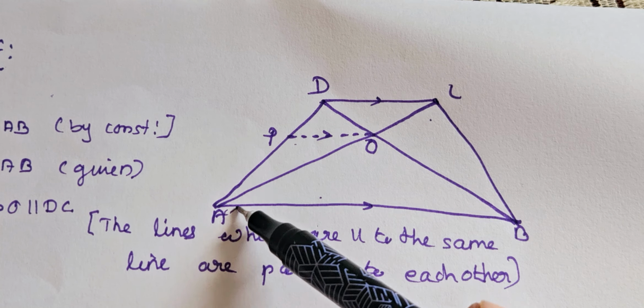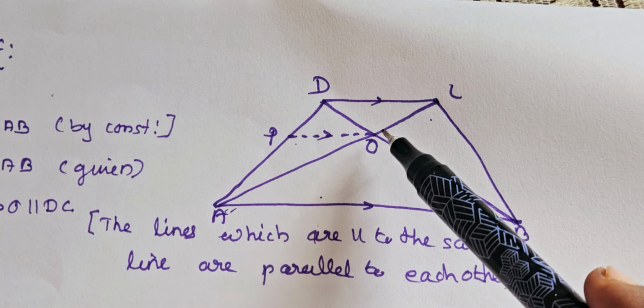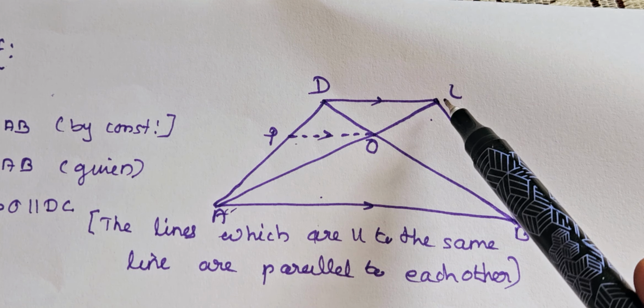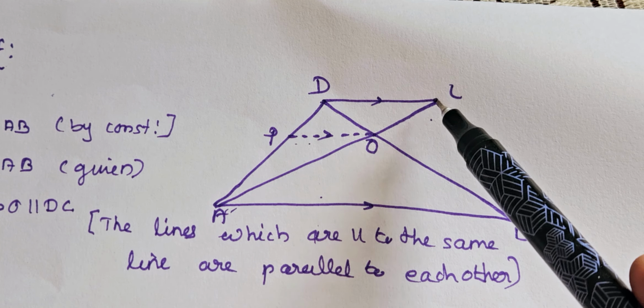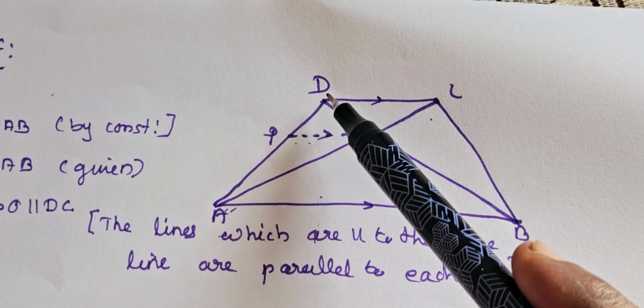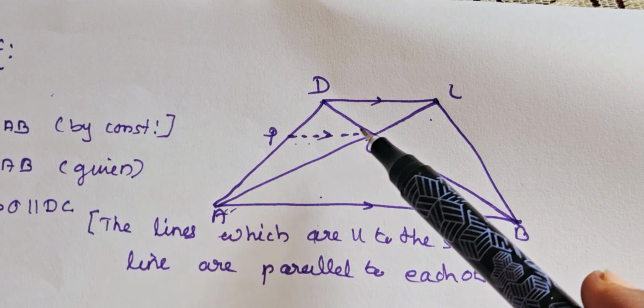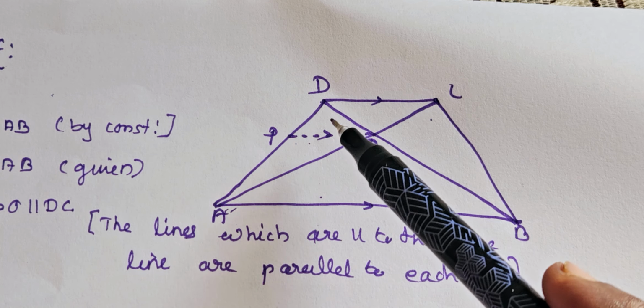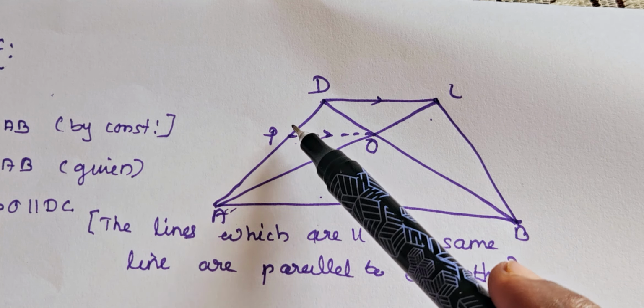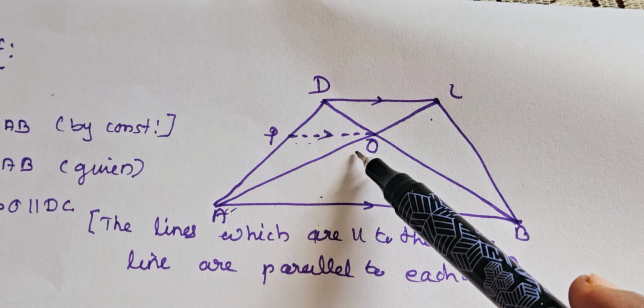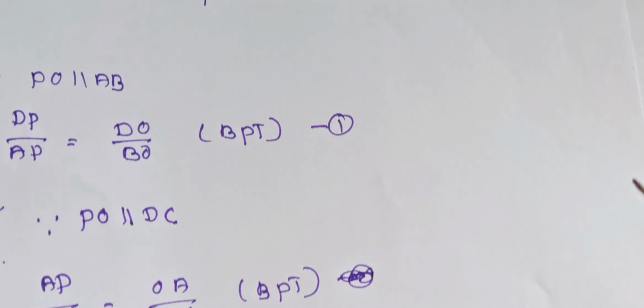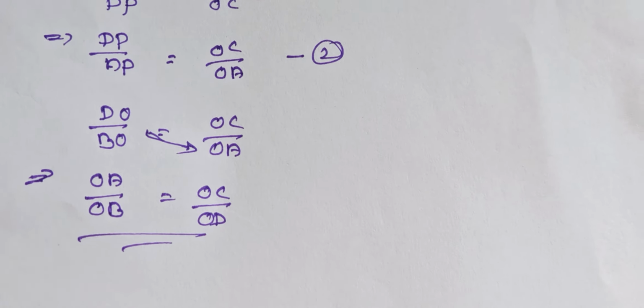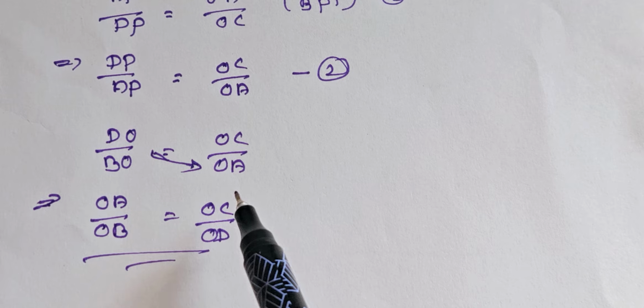Then take triangle DAC. We have PO parallel to DC, reason: we proved that PO parallel to DC. Therefore, we get AP by DP equal to OA by OC. Now take the reciprocal. Then we get DP by AP equal to OC by OA.